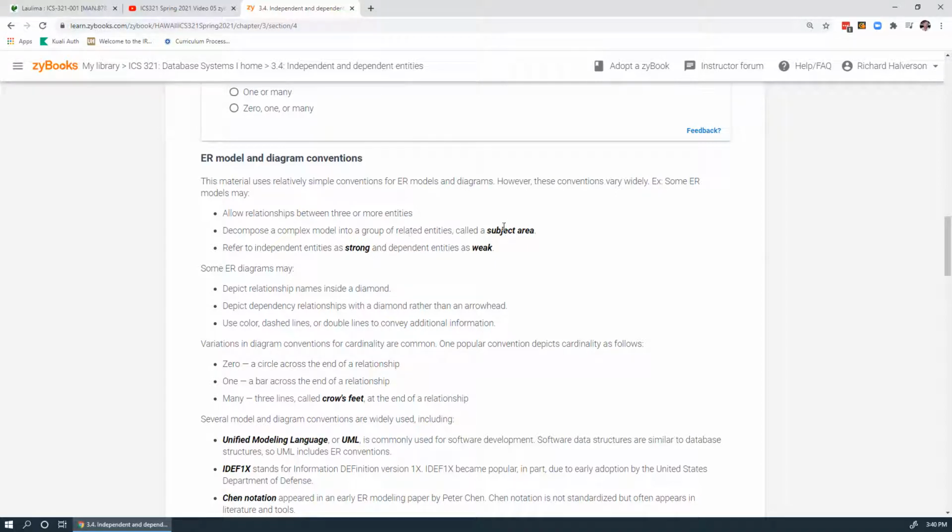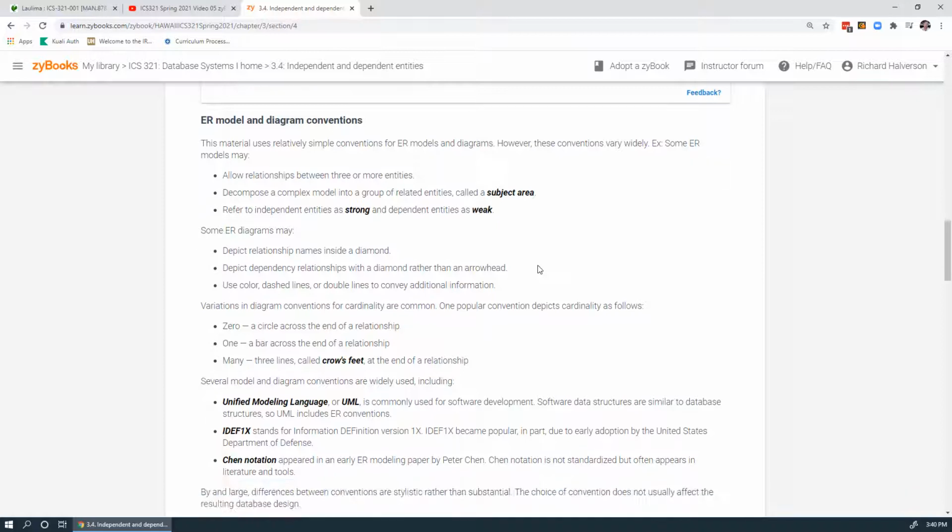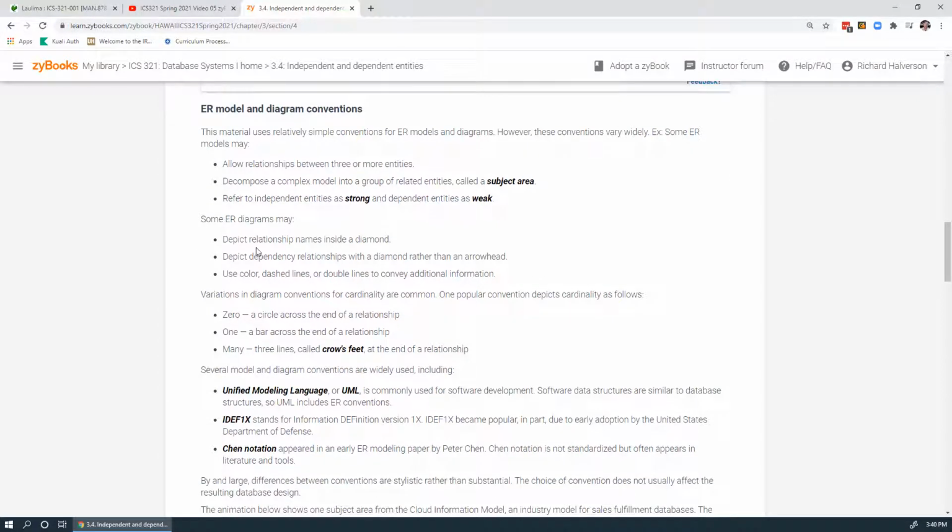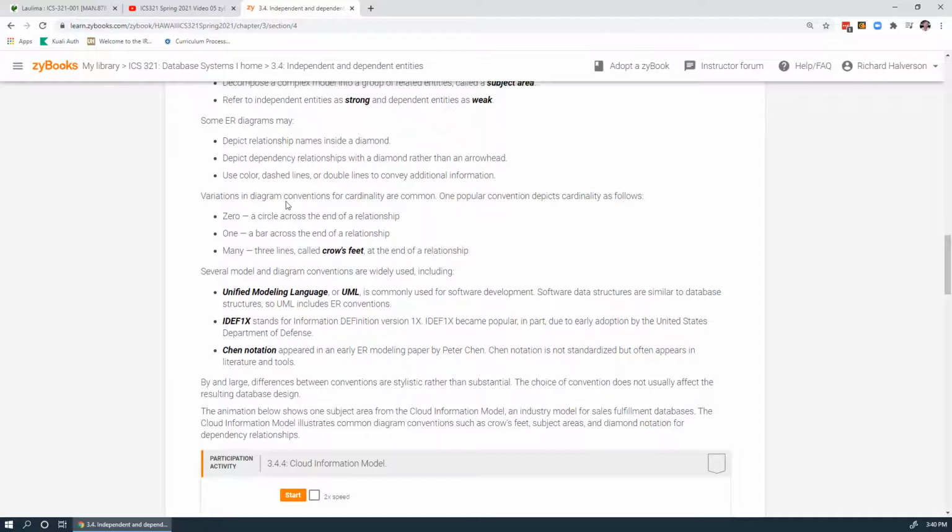A group of related entities is called a subject area, and there's the way some ER diagrams may depict relationship names with names inside of a diamond. Some depict dependency relationships with a diamond rather than an arrowhead, and so on. Cardinality.